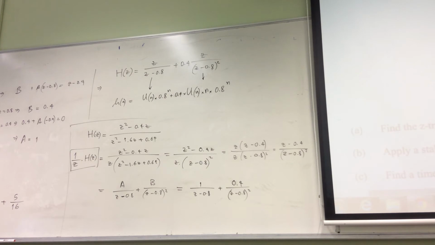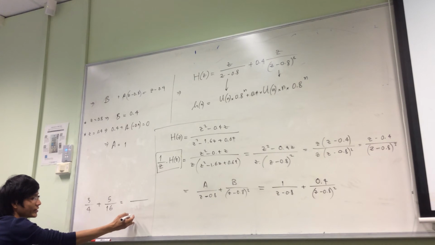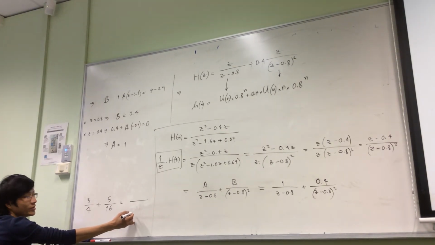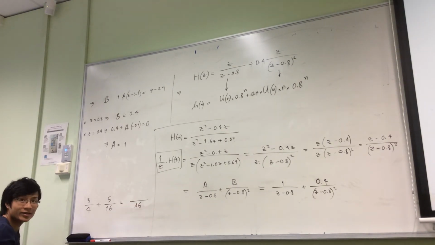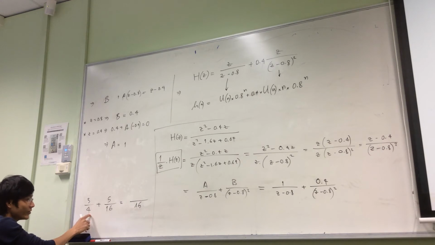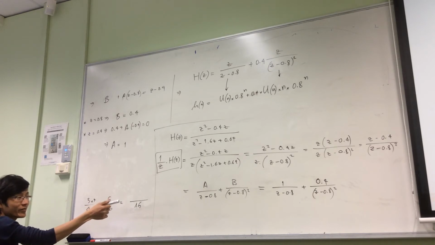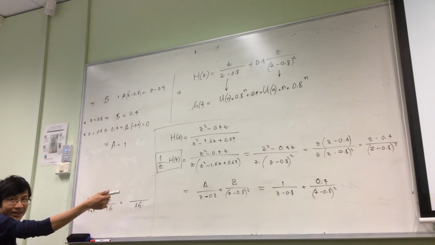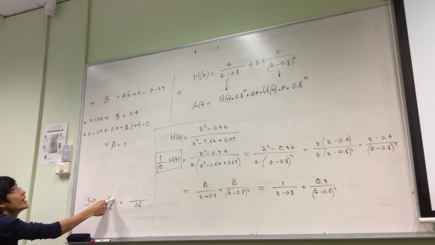What is the common factor now? Will be 16, right? Because 4 can divide into 16, so you can multiply by 4 over here, and 4 down. A will be multiplied by 4, not B. This one just stays the same.